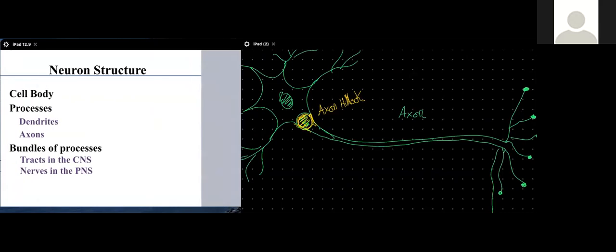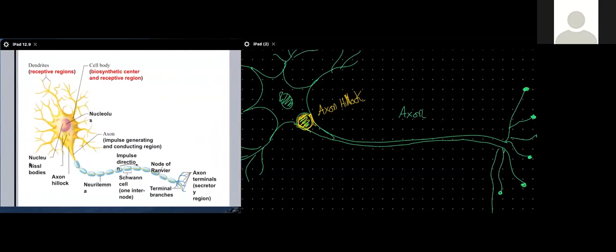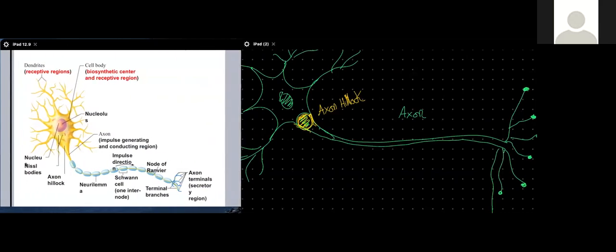Each axon, if you remember, is going to be surrounded by an insulating material. We call this my myelin sheath.